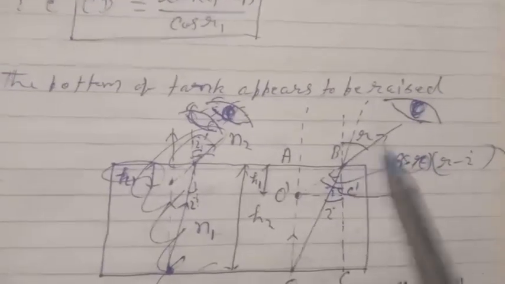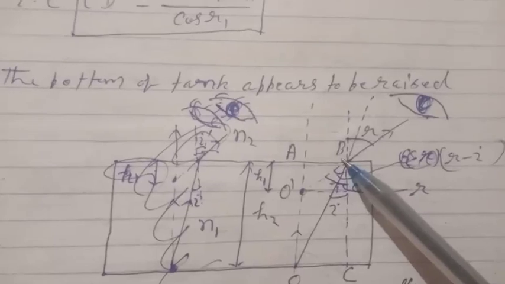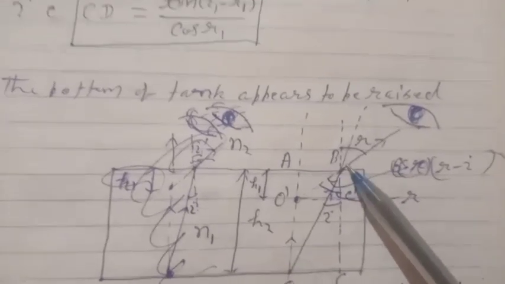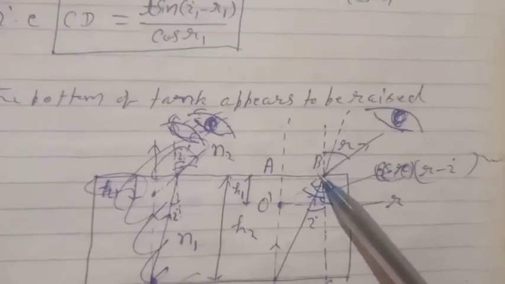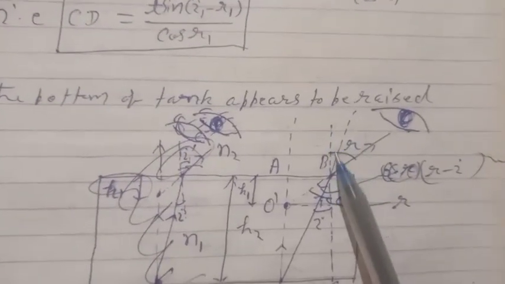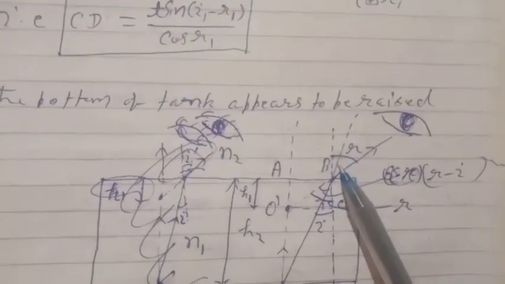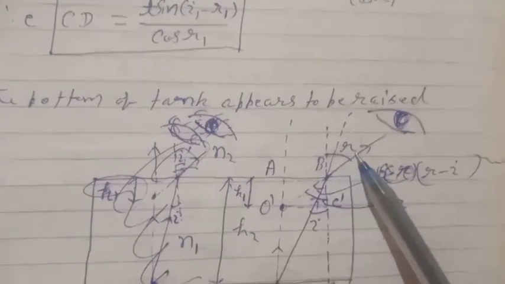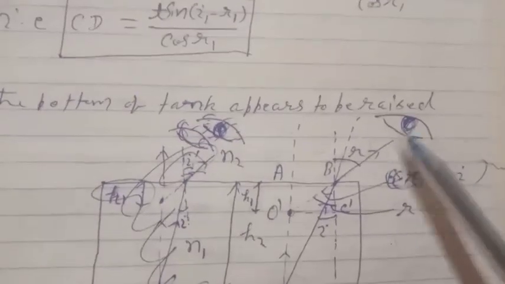So if one ray is passing like this, it will be undeflected, but obliquely passing rays are deflected by the laws of refraction. When this light comes out from the tank, because it is passing from denser to rarer medium, it bends away from the normal. Now this is the normal, so the original path would be like this, but due to coming from denser to rarer medium, it bends away from the normal, and so the ray will go in this direction.